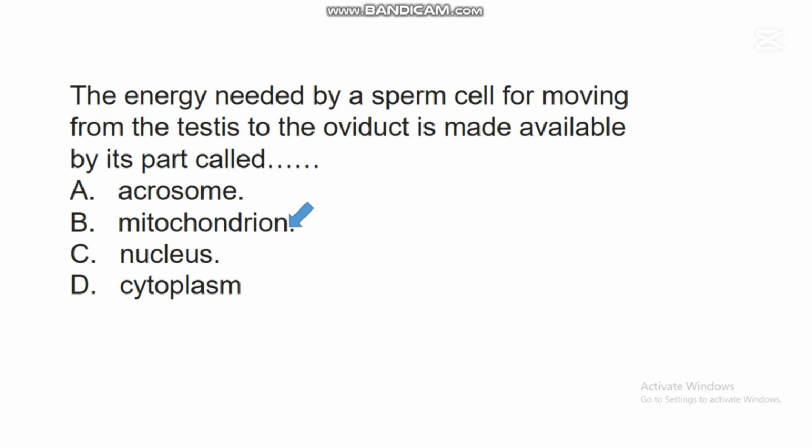It is the part where respiration that leads to energy production takes place. So if anything goes wrong in the mitochondrion of a sperm cell, energy production will be affected negatively. So this mitochondrion ensures that energy is made available for sperm cells so that they can move from one place to another.